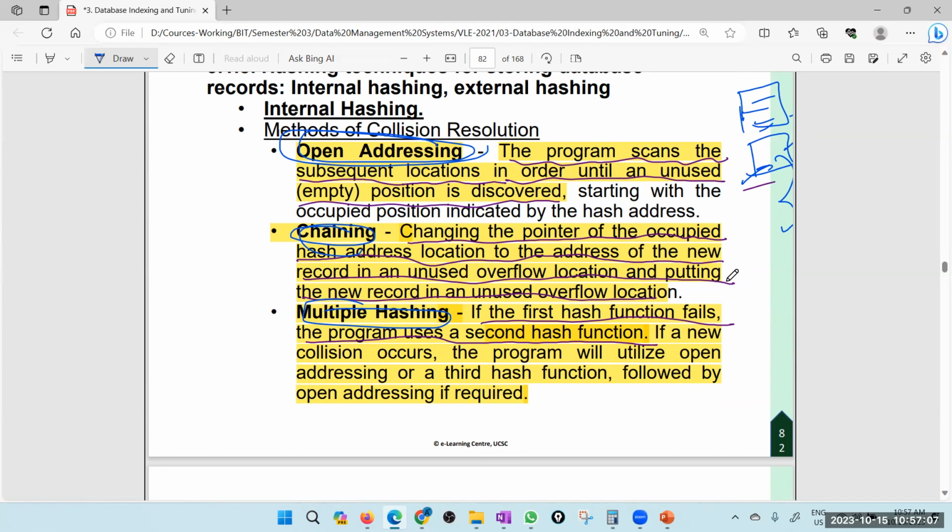So another technique is chaining. In chaining, the pointer of the occupied hash address location points to the address of the new record in an unused overflow location. That is, if this block is filled, you chain it to another block.